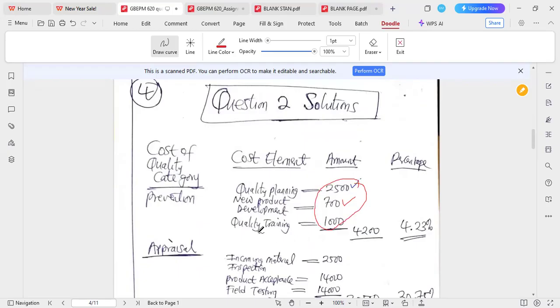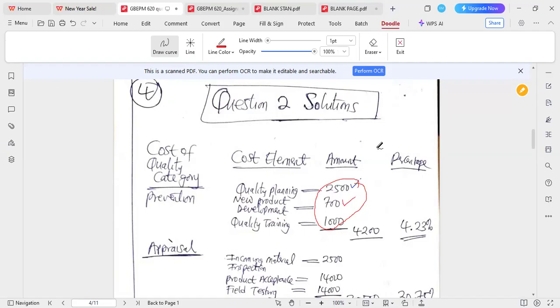Okay. Then from here, the first one we are talking about is quality planning. So quality planning is a prevention cost. The new product development is also prevention.